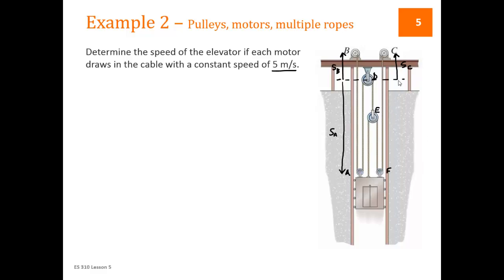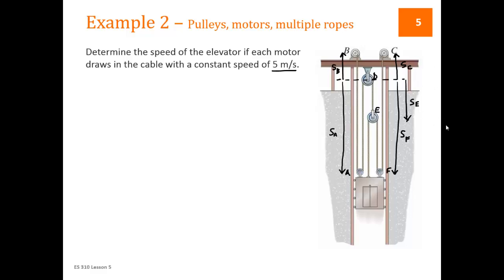From the fixed point down to the pulley on the elevator would be SF. And we also have this pulley E that we need, so we need to go down from the fixed point to pulley E, so that's SE. Alright, so now we get to write our length of the rope in terms of these variables that we just wrote.